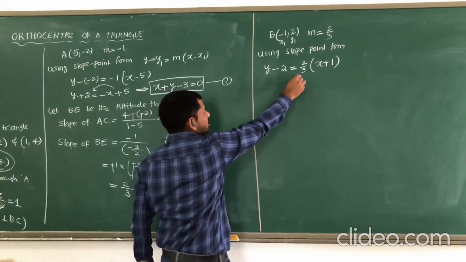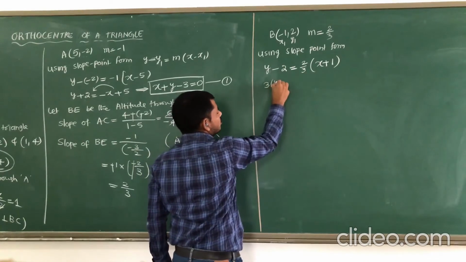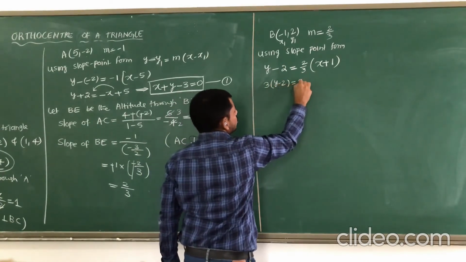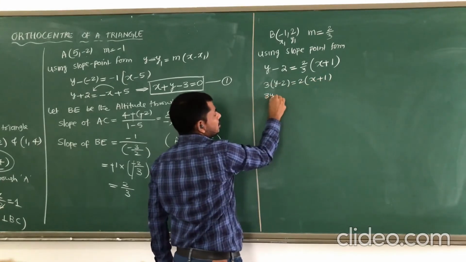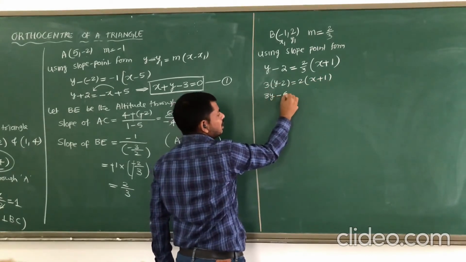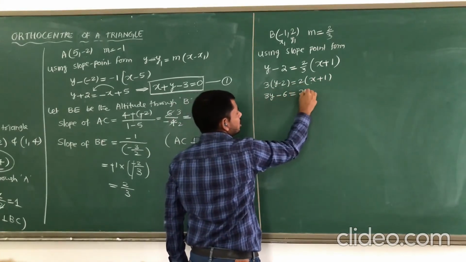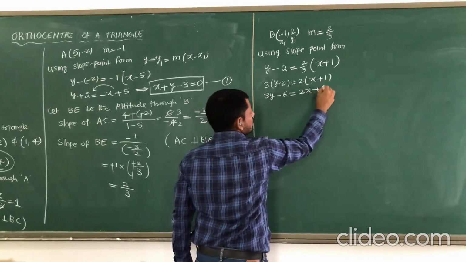Now cross multiplication gives 3 into y minus 2 is equal to 2 into x plus 1. That is 3y minus 6 is equal to 2x plus 2.